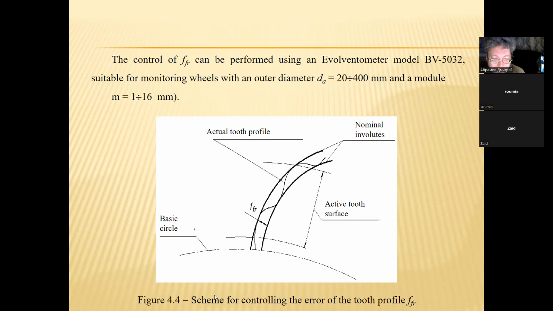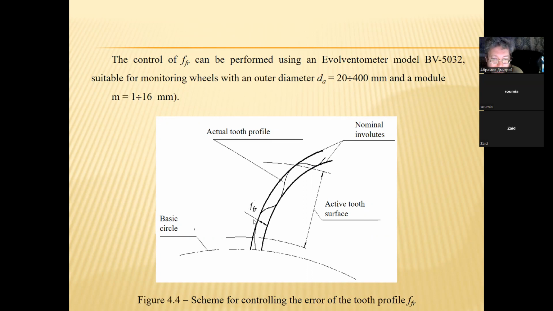There are schemes for controlling the error of the tooth profile, F suffix FR. There are the basic circle and the actual tooth profile, this non-linear line. There are two nominal involutes, first and second, and this distance is the active tooth surface.